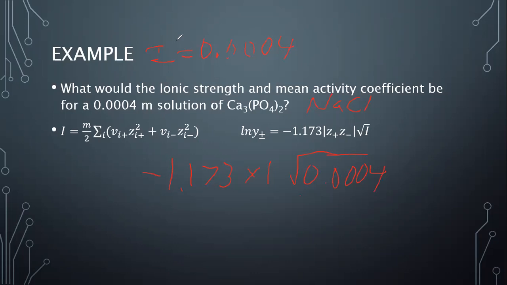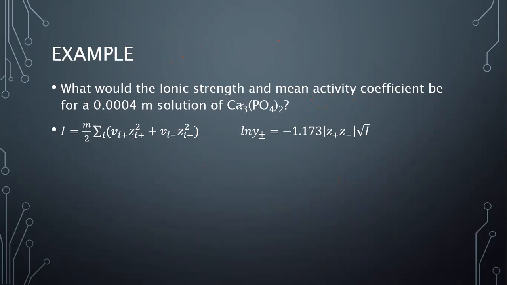Negative 1.173 times the square root of 0.0004 gives us negative 0.02346. Now we take the inverse log of that. So sodium chloride in the same solution would have an activity coefficient of 0.9768. So sodium chloride at that dilution would have almost no decrease in activity.